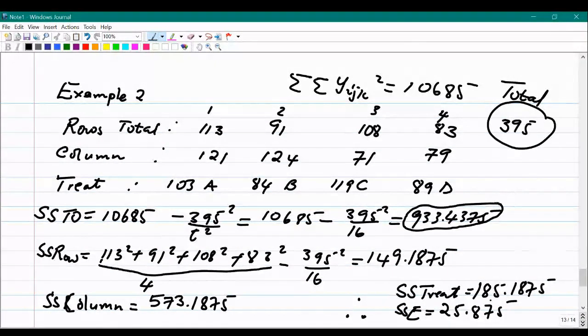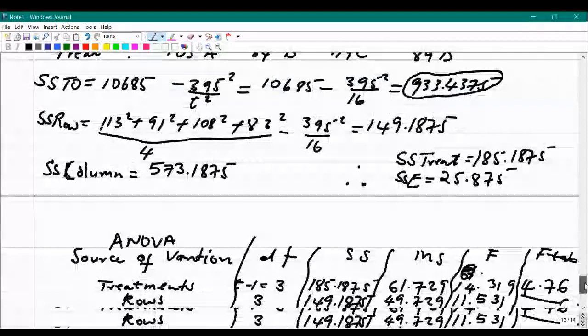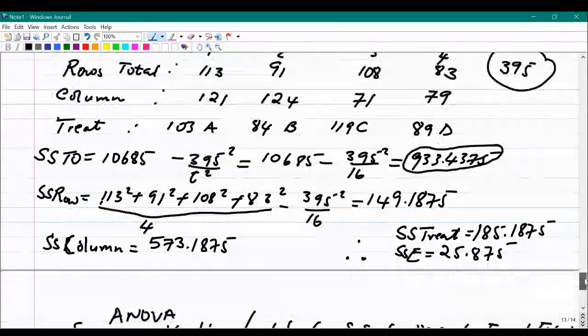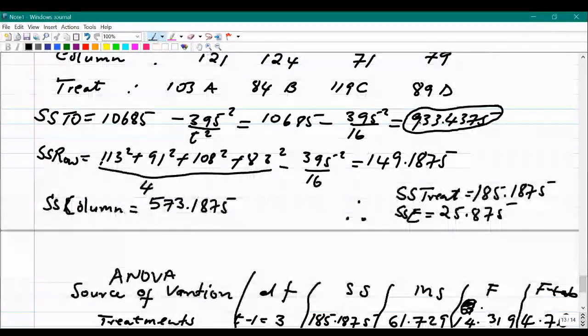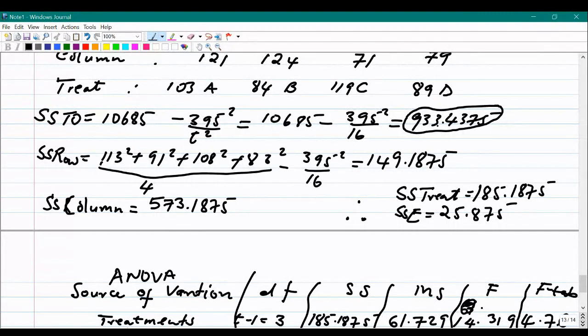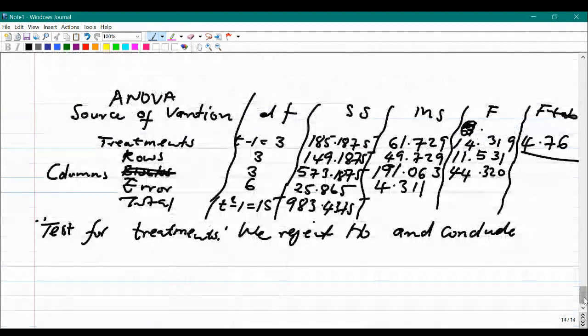But it didn't affect our results, right? Because we calculated these things before using the correct value. We calculated the SSE using the 933. So is the SSE affected? No. Okay, thank you. Let me correct it now.